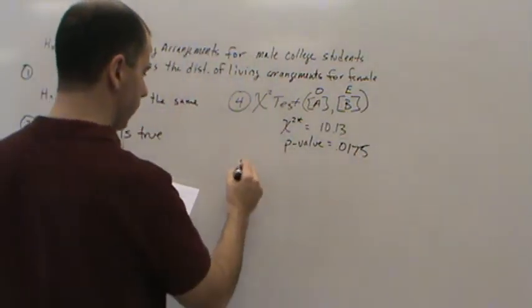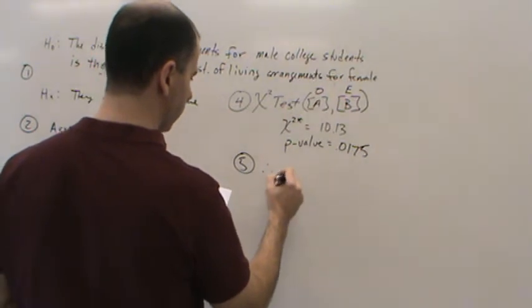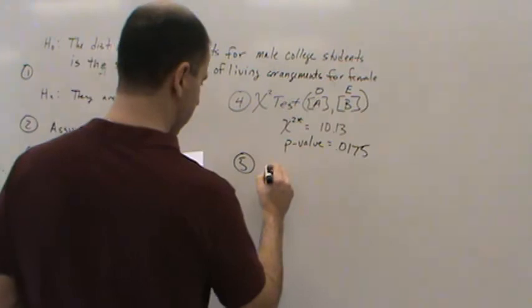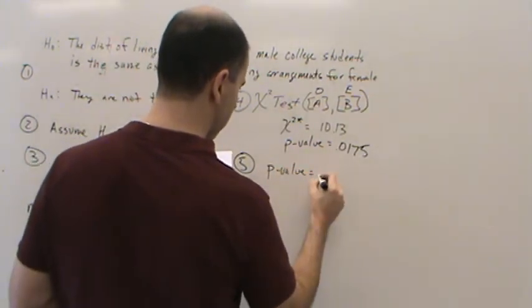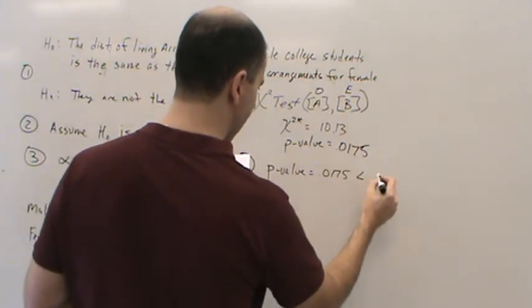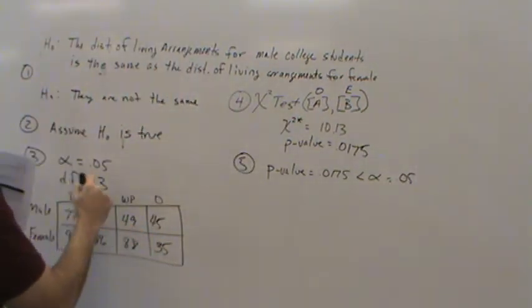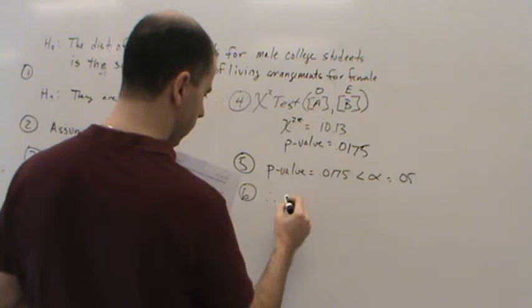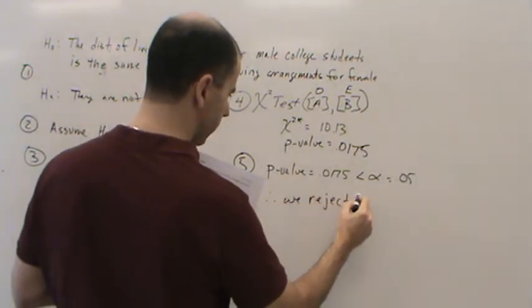And so now step 5 is my comparison. The p-value is equal to 0.0175. That is definitely less than alpha, which is equal to 0.05, right? And then step 6 is my result, so therefore we reject the null.